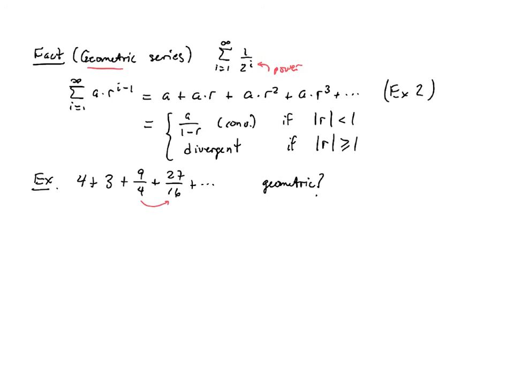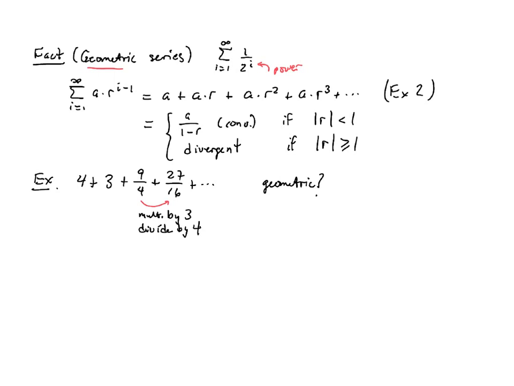For example, between the numbers 9/4 and 27/16, we see that we multiply the numerator by 3, and then we multiply the denominator by 4. So that's the same thing as dividing by 4.